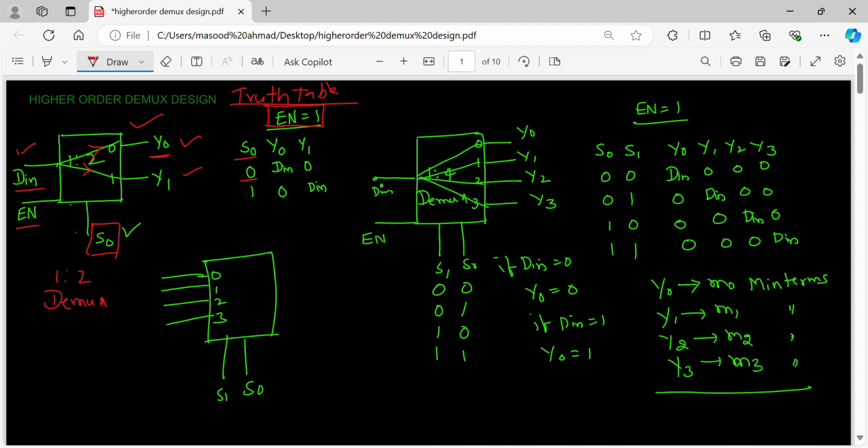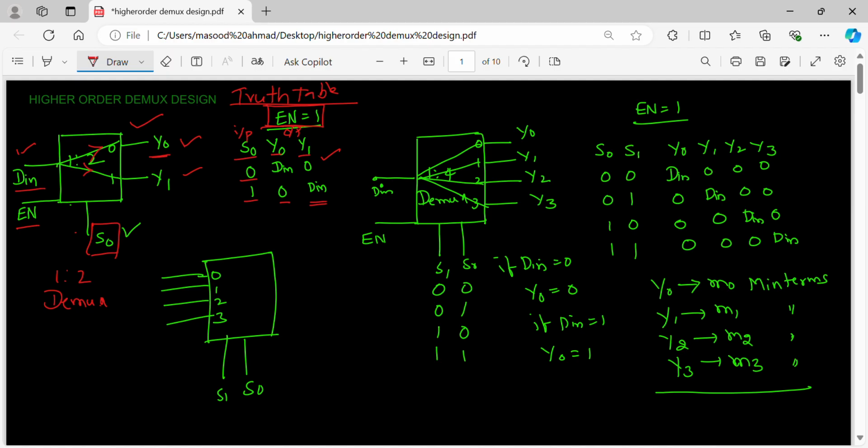How many outputs do I have? Y0, Y1. This is the input, and these two are outputs, right? So when S0 is 0, Y0 is D in, Y1 is 0. When S0 is 1, Y0 is 0, then Y1 becomes D in. I mean to say it is passed to Y1.